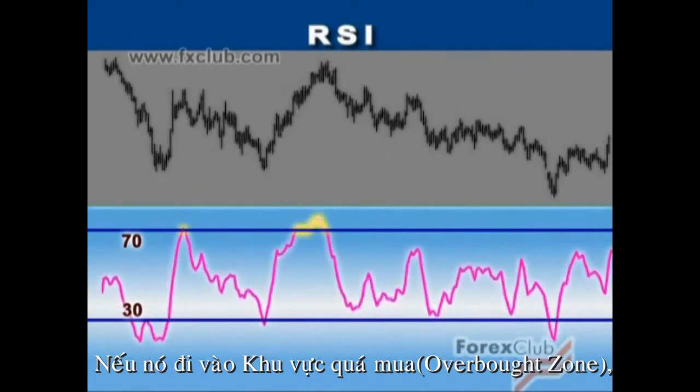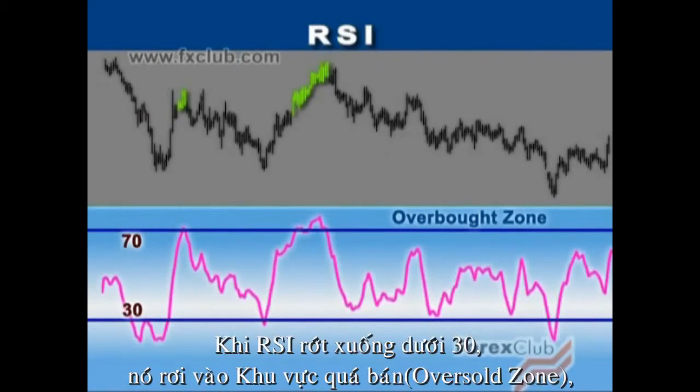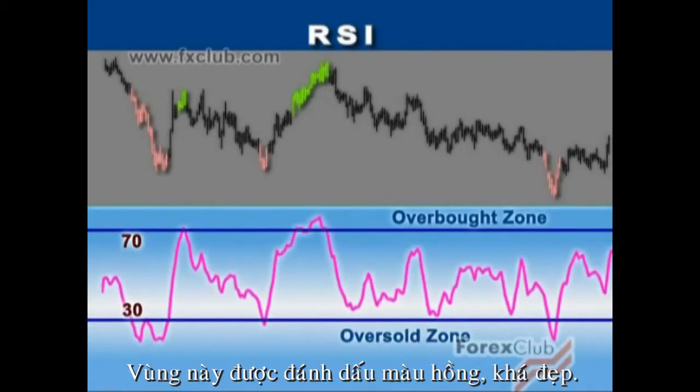When the indicator is above 70, it's gone into the overbought zone. The market is overbought. When RSI falls lower than 30, it's moved into the oversold zone. The market is oversold. These zones will look pretty in pink.